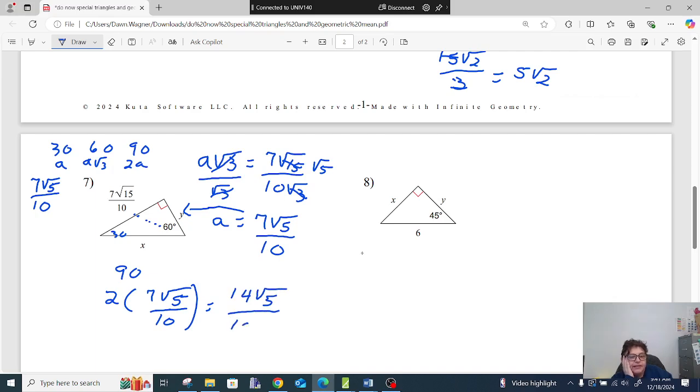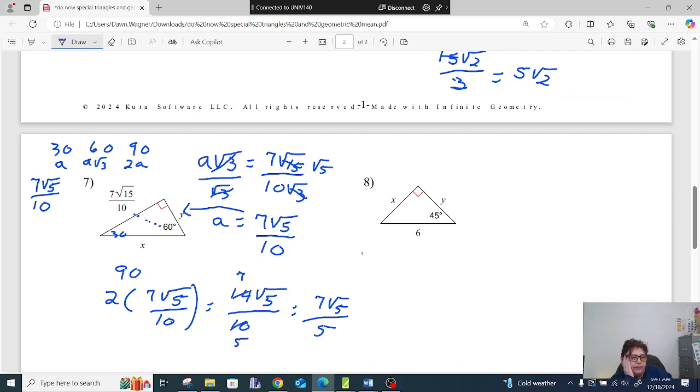But this can be reduced. You could have cross canceled over here and just canceled out the 2 and the 10. Or you could do it here because both of these can be divided by 2. This would be 7 square root 5 over 5, because 14 and 10 can be divided by 2.